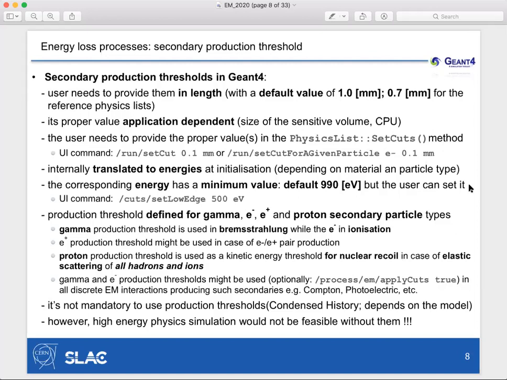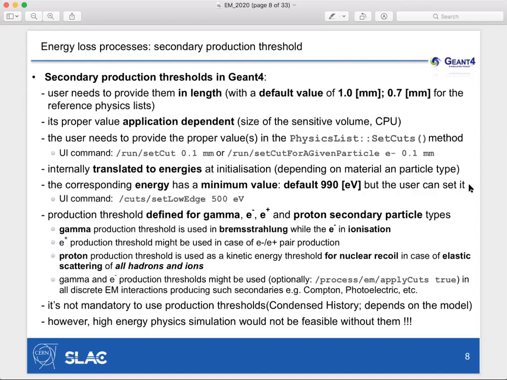So if you are not happy with the default value, and I encourage you to make sure that you are perfectly happy with the production threshold value, which means that you need to make sure that it is correct. You will see why soon.